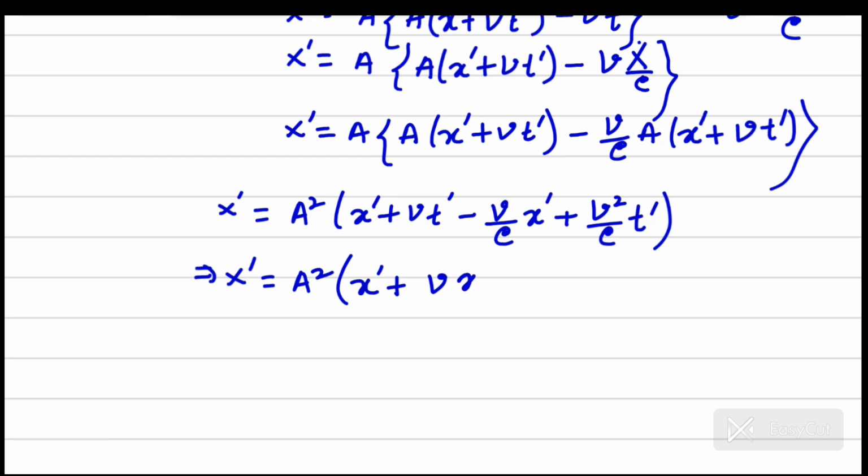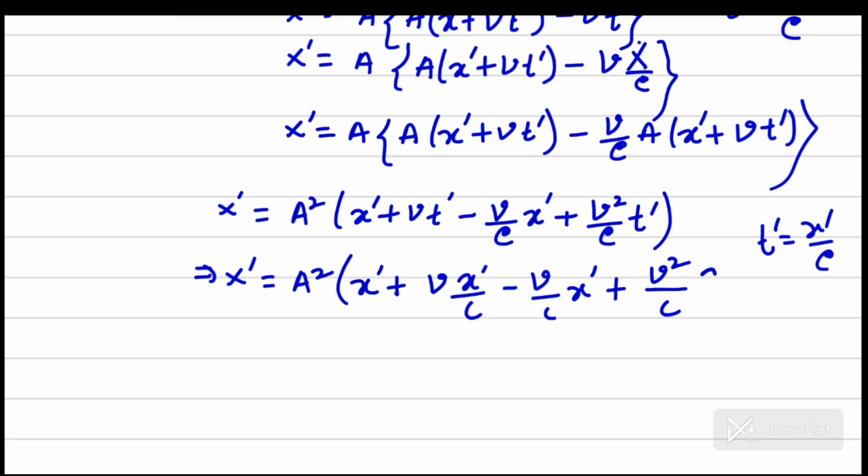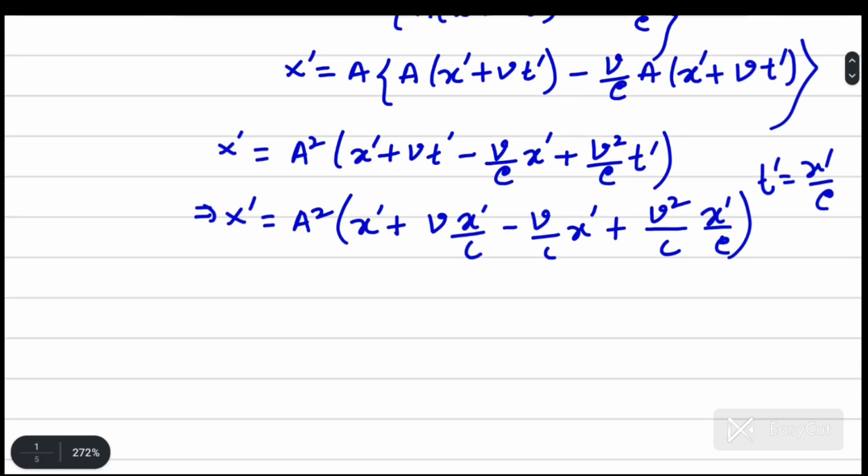This is x prime by c minus v by c times x prime plus v square by c, and again put this expression t prime equals x prime by c. So this is x prime by c, and we can see that this plus and minus get cancelled out.